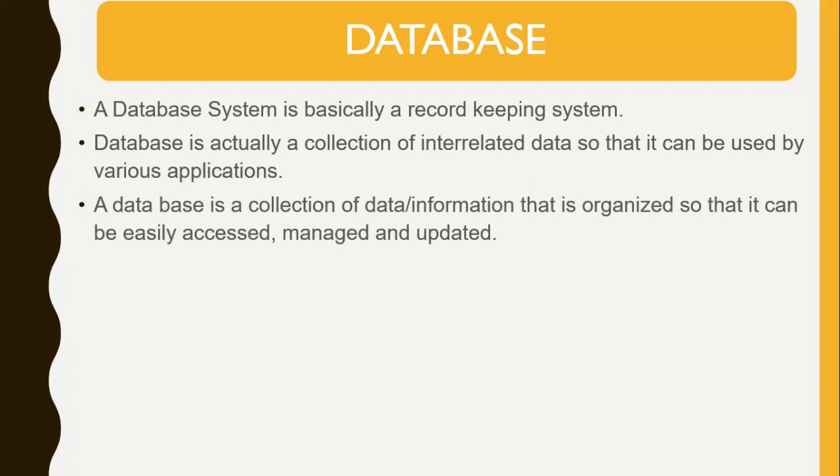A database is a collection of data or information organized so that it can be easily accessed, managed and updated. There is only one purpose of organizing that data: later on, when we need it, we can get that data easily, manage it, access it, and if required, update it without any problem.